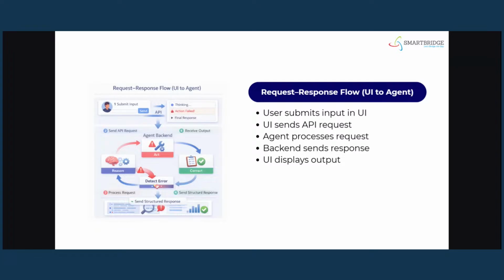After the agent completes its work, the backend collects the results and sends them as a response to the front end. The front end then displays that response to the user in a clear and friendly way. This entire loop happens quickly, but it is very structured.